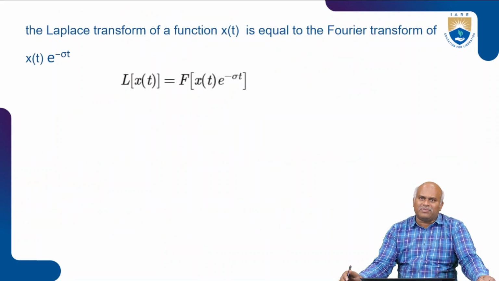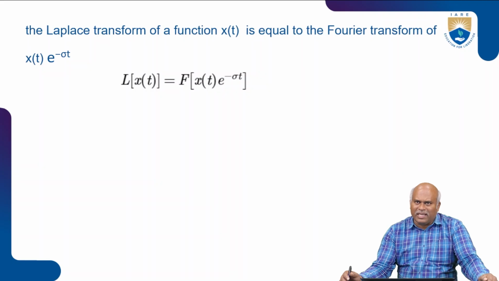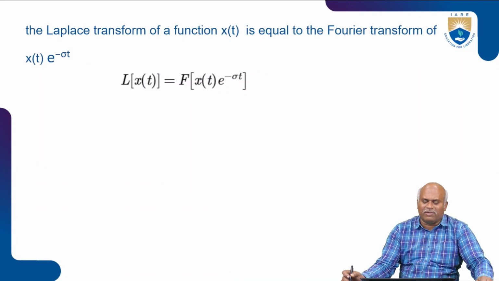The Laplace transform of the function x(t) is equal to the Fourier transform of x(t) e^(-sigma t).